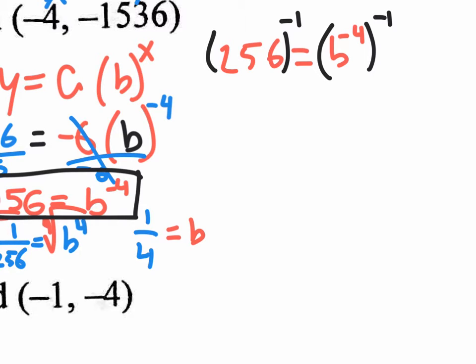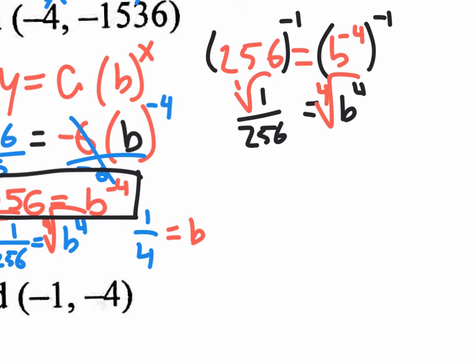Because that way, on the right side, you'll have b to the +4, right? And on the left side, you're not going to have 256 to the -1 power. That's really going to be 1 over 256, because negative exponents, you move them to the other side and they become positive. Does that make it a little more understandable? Yeah? Okay, and now you're going to apply, again, the fourth root. The fourth root here, the fourth root up here, the fourth root down here when you split it.